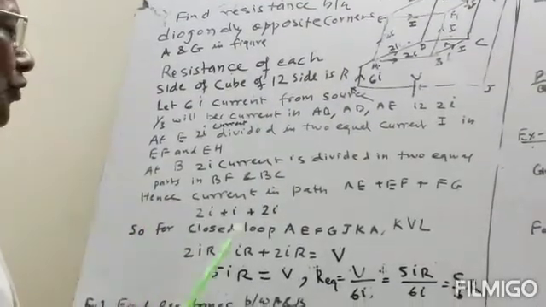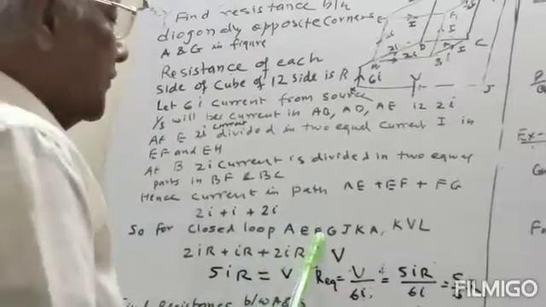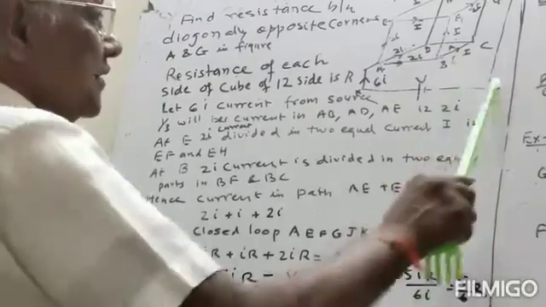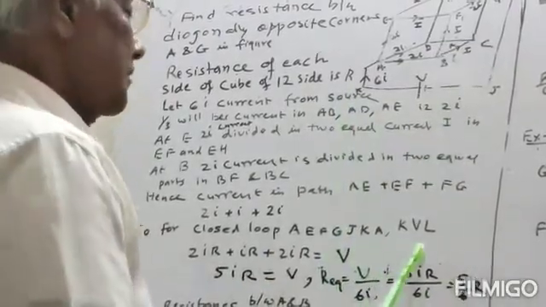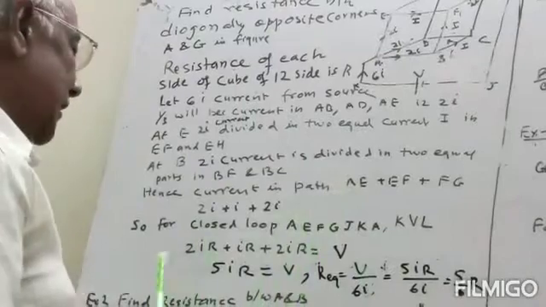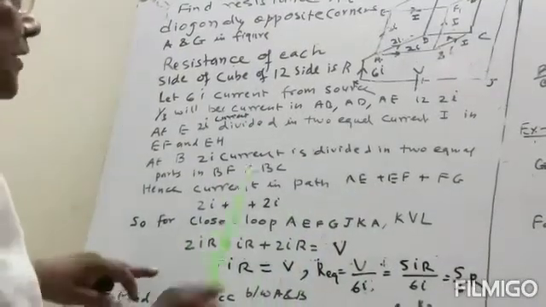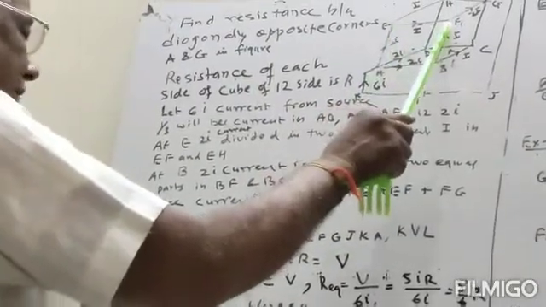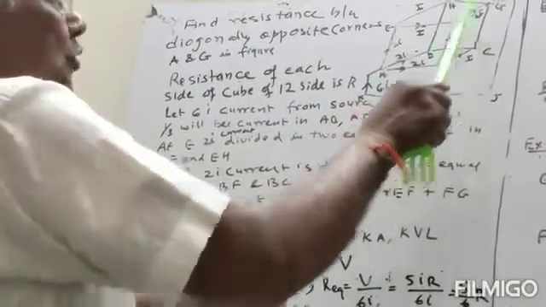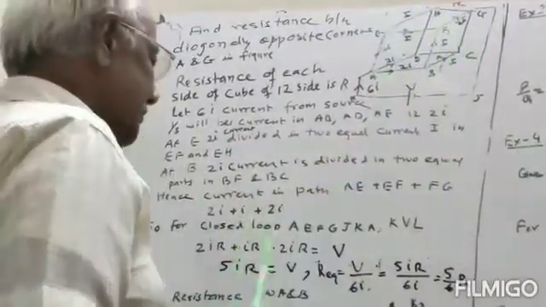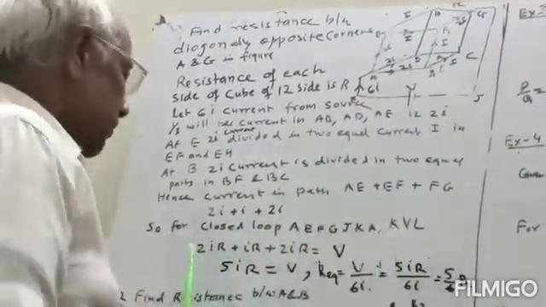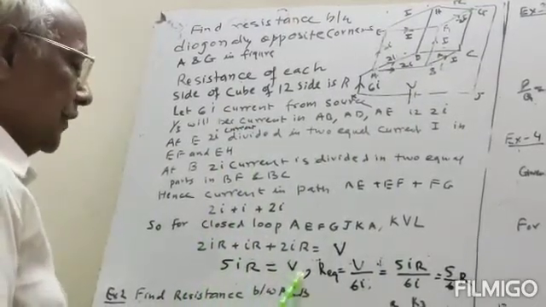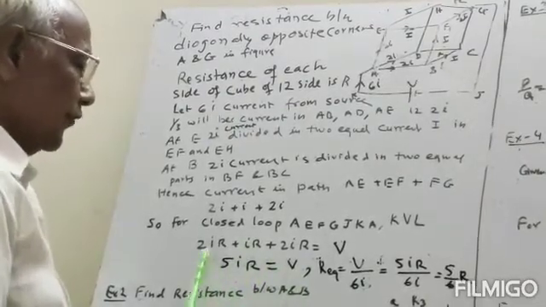So for the closed loop A, E, F, G, A, this total loop, by KVL we can write 2I into R, here 2I current into R, here I current into R, and here 2I current into R. This is equal to V. So 2 plus 1 plus 2, that is 5IR, is equal to V. So V is equal to 5IR.